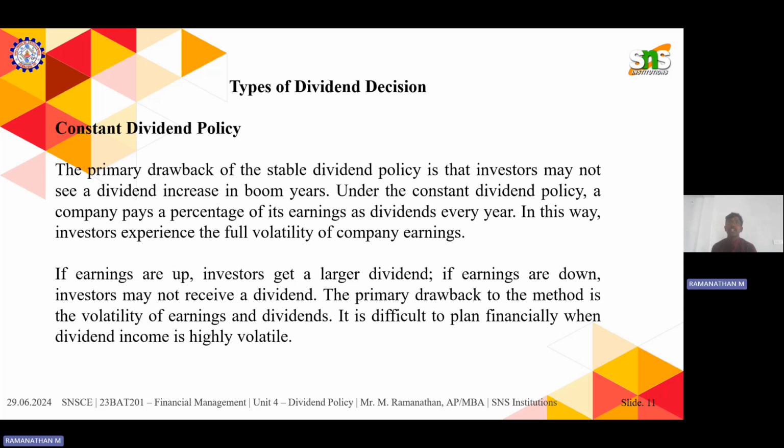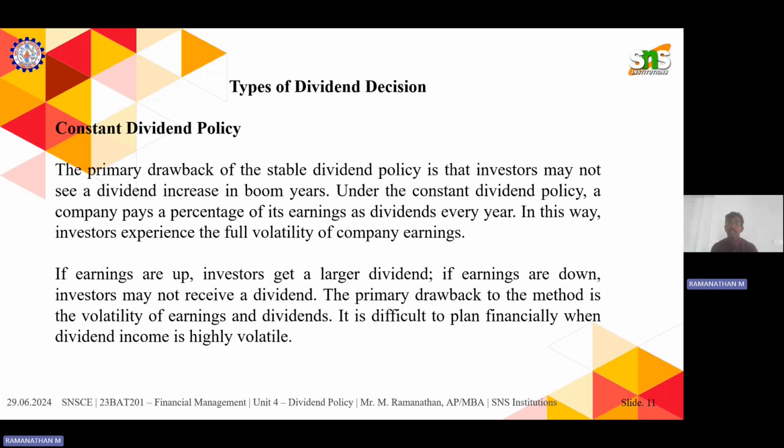In this way, investors experience the full volatility of a company's earnings. If earnings are up, the investor gets a larger dividend. If earnings are down, the investor may receive a small dividend or not receive a dividend. A primary drawback of this method is the volatility of earnings and dividend. It's difficult to plan financially.